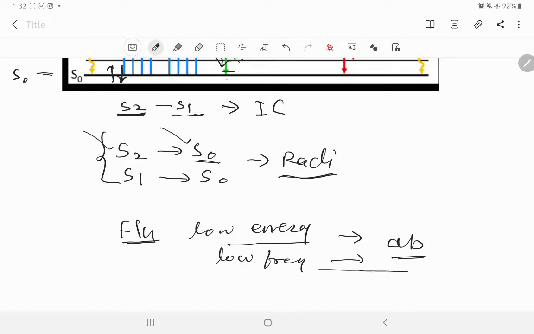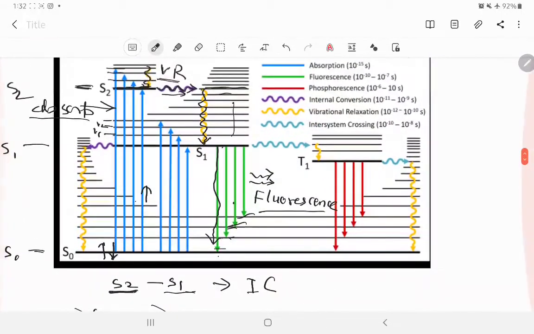This fluorescence phenomenon stops as soon as the source of excitation is stopped, because the molecules in the excited state go to zero. Once excited, the molecule comes to the ground state by emitting radiation. This phenomenon is called fluorescence, and the emission is called fluorescent emission.